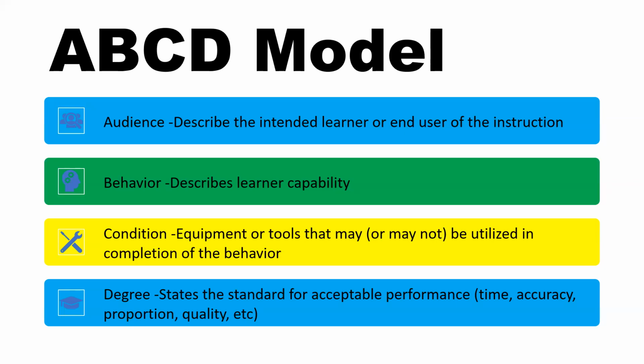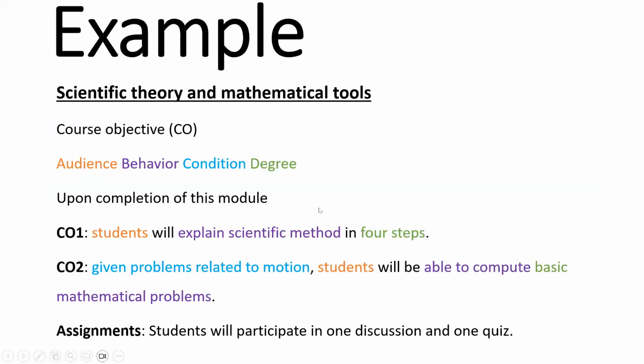Do you want your students to get the value of acceleration due to gravity within 1 to 5%, or within 10%, plus or minus 20%, or plus or minus 0.001%? You have to determine and state the degree in your course objectives. So quality as well, proportions. So these are the degrees in which students are achieving what you are teaching in the class.